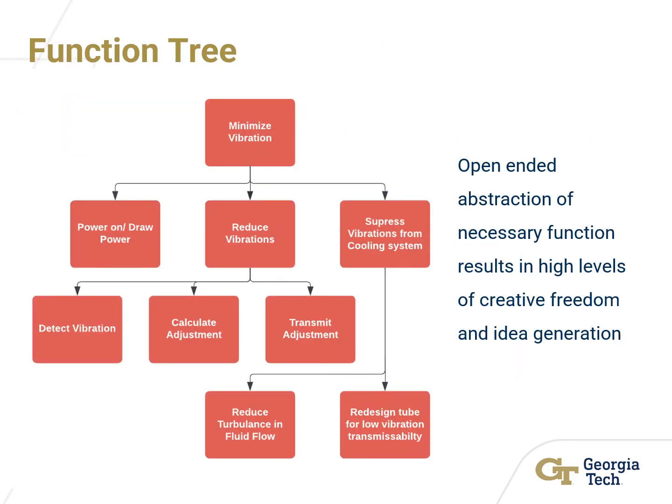This is our function tree. In order to keep our mind open to fresh ideas, we have only concentrated on the most important parts that our project must cover, which were to detect vibration, calculate the adjustment, and transmit it, and at the same time reduce the turbulence in fluid flow and redesign the tube for lower vibration transmissibility.